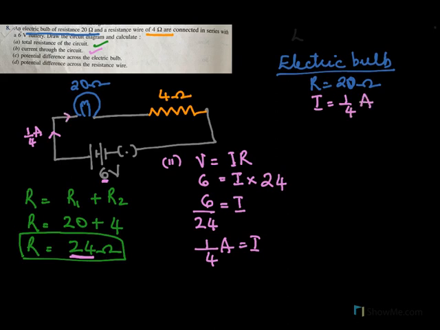It's the same current, 1 by 4 amperes, that will flow through the bulb. It will also be the same current, 1 by 4 amperes, that flows through the resistance.